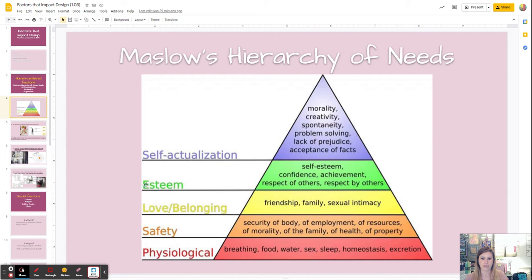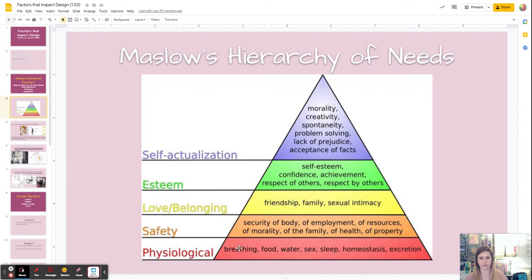And then after you feel like you have love and you belong, then you can have self-esteem. And after you have self-esteem, then you can reach what we call self-actualization, which is like adultness and maturity. So you have to get past one level before you can reach the next level.